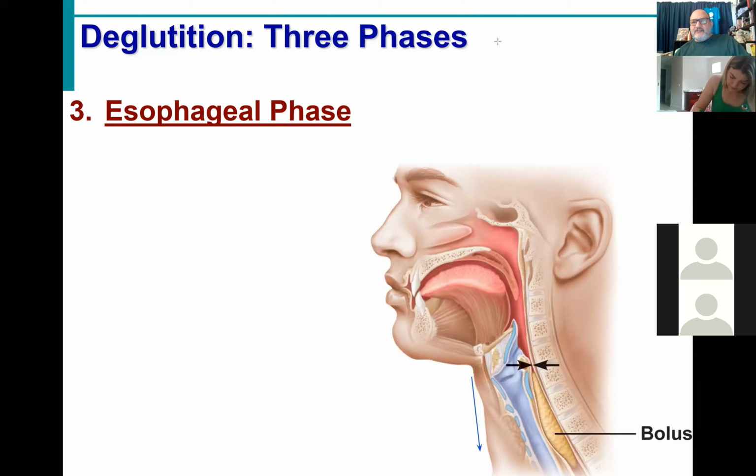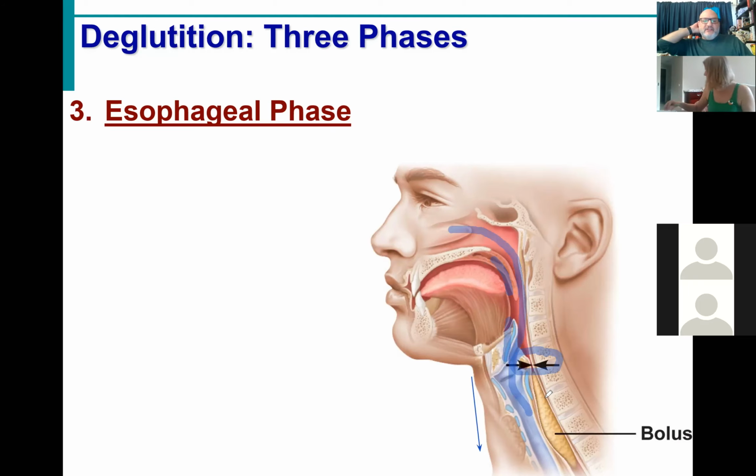And when it descends, those two events that just occurred are going to unoccur. Our epiglottis will open back up and our airway is now open. Our upper esophageal sphincter will now close, stopping the food from coming back up. And our soft palate descends, opening up the airway again.